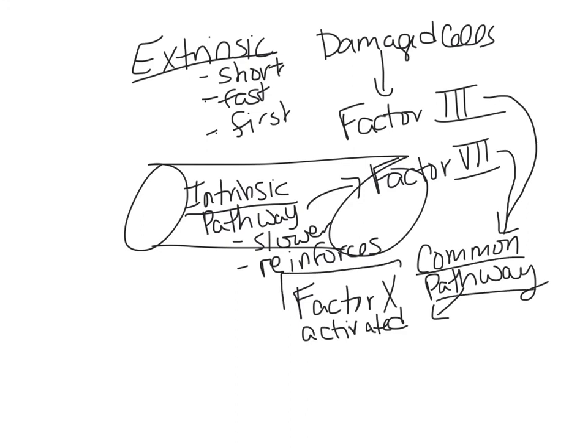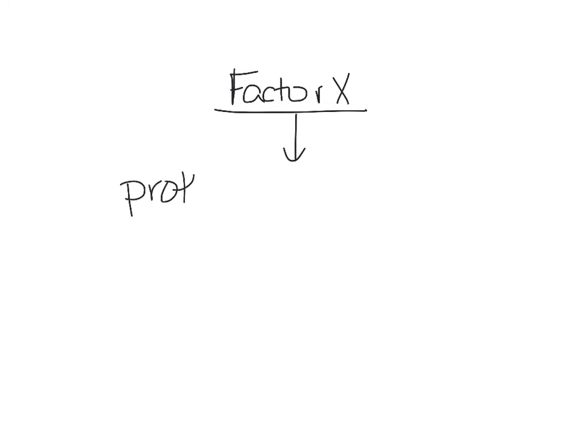And now finally we have factor X that's been activated. Factor 10, blood clotting factor 10. This blood clotting factor is going to activate the conversion of prothrombin to thrombin.